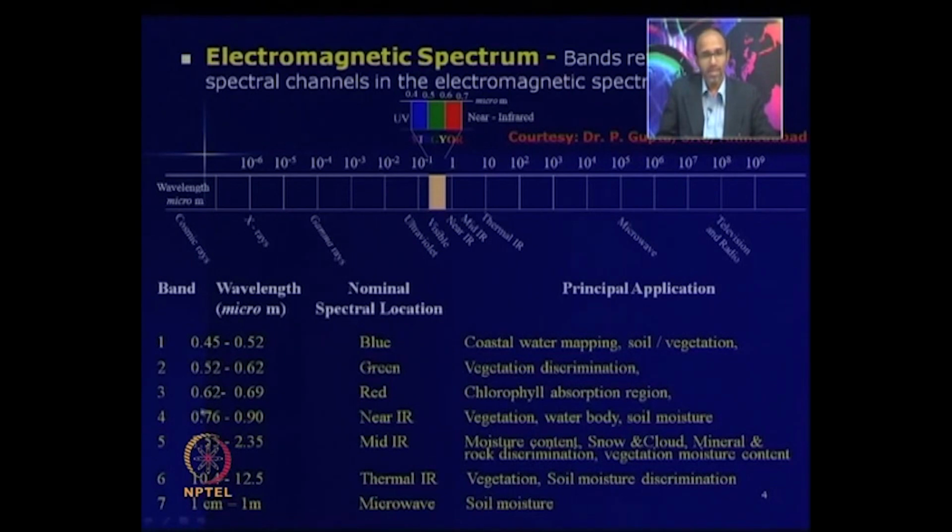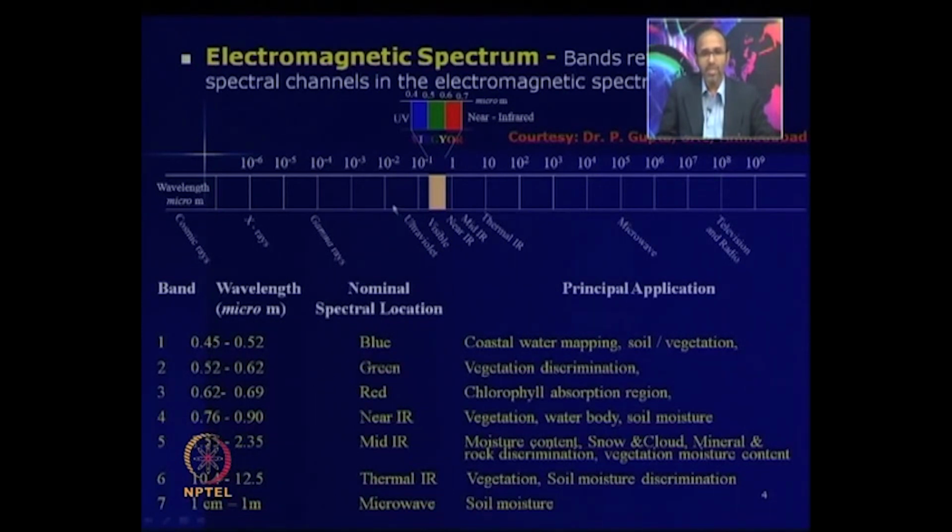Then 0.6 to 0.69, the range of the red band, we can use for the chlorophyll absorption region. Then 0.76 to 0.9, near infrared, gives applications in the field of vegetation, water body, soil moisture, etc. Like that, the bands we use for various applications are listed here.